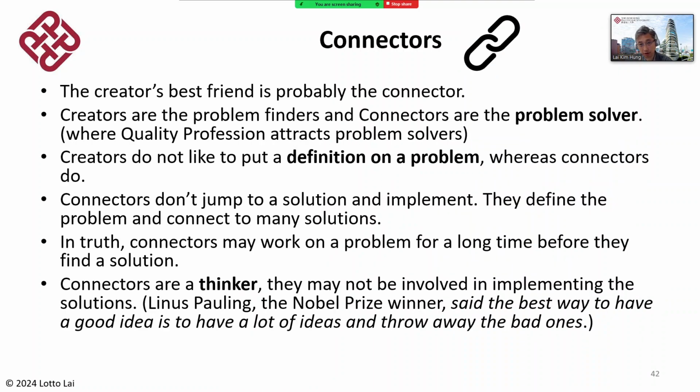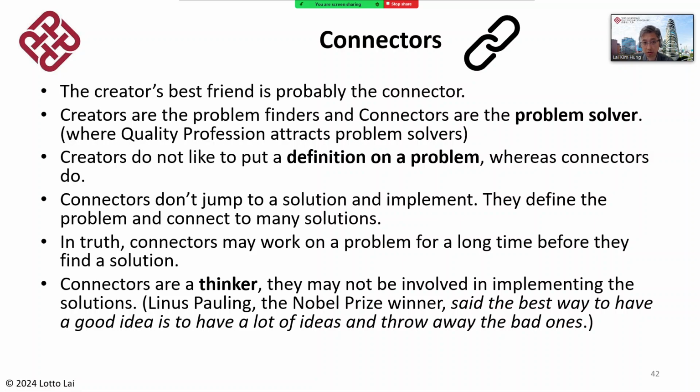The second role is the connector. The creator's best friend is probably a connector. Why? Because creators are problem finders, and connectors are problem solvers. So sometimes quality professionals may be natural problem solvers. Creators do not like to define the problem, whereas connectors like to define the problem, otherwise you cannot find the solution.